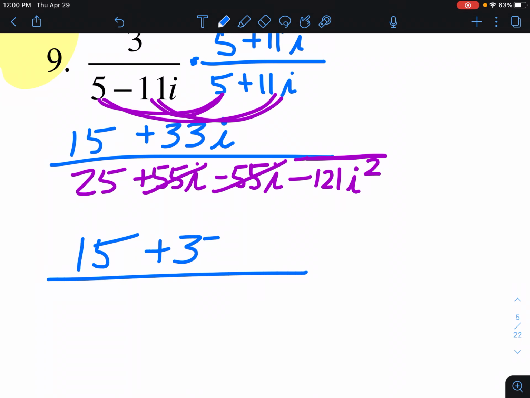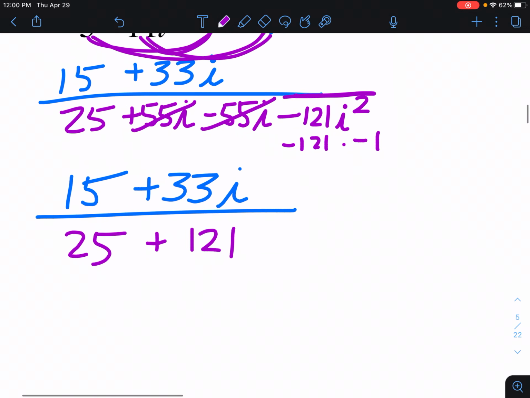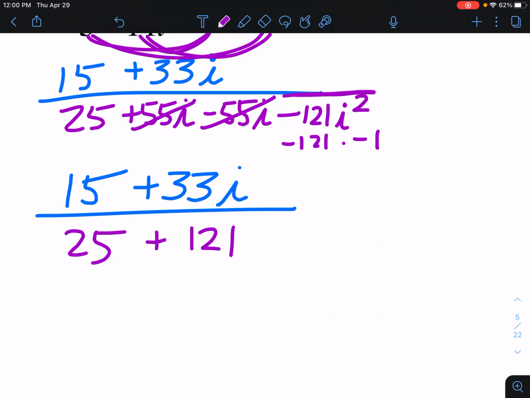Let me bring down my numerator. 25 is going to drop down. And then this becomes negative 121 times i squared is negative 1. So that's positive 121. And then we're going to add those together to get 146.